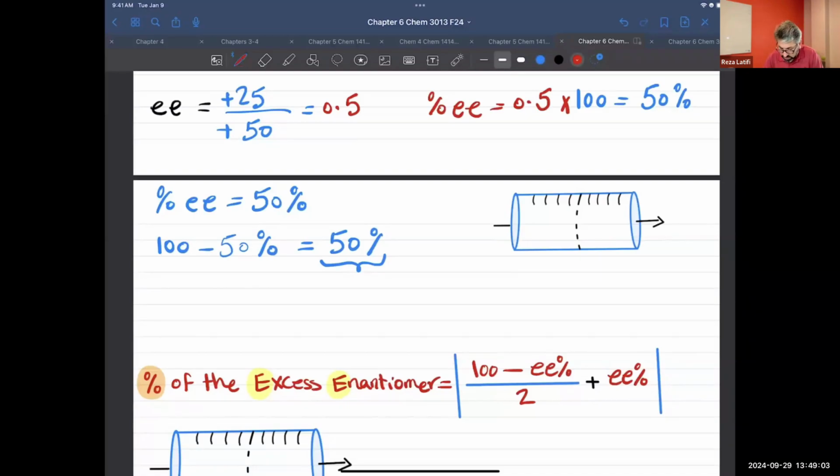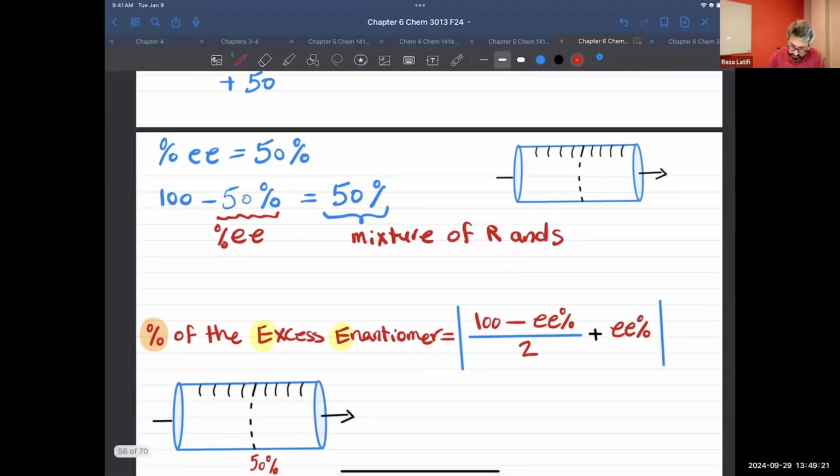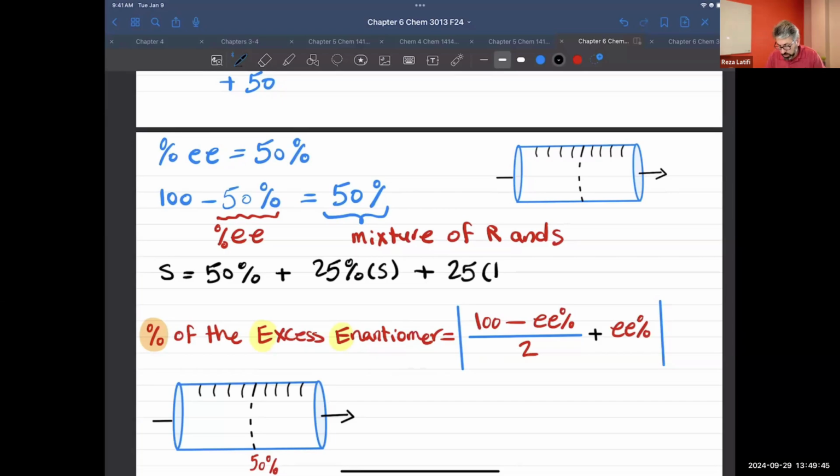That 50 is a mixture of R and S, and this other 50 is the percentage for the enantiomeric axis. So if this is S, for S we have 50% axis, and plus, the second 50, I'm going to say I have 25% for S plus 25% for R.